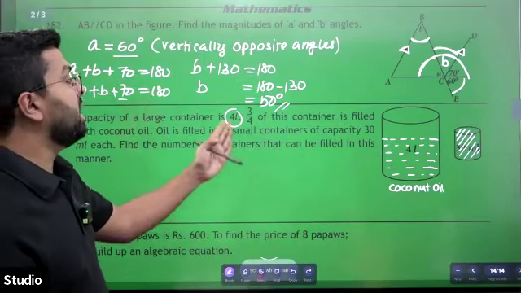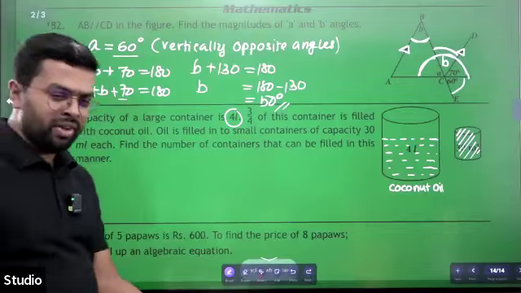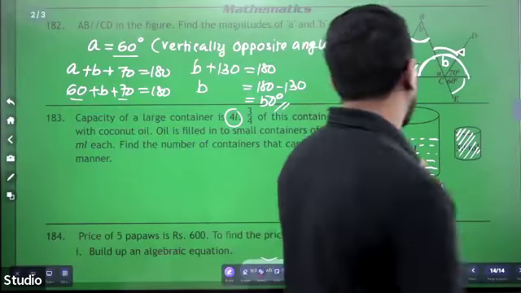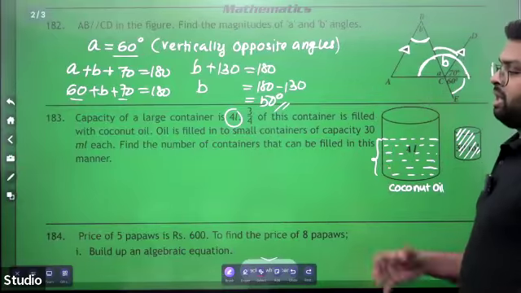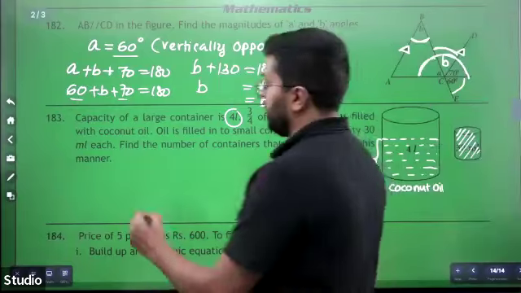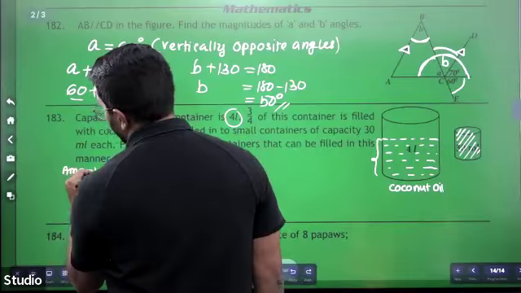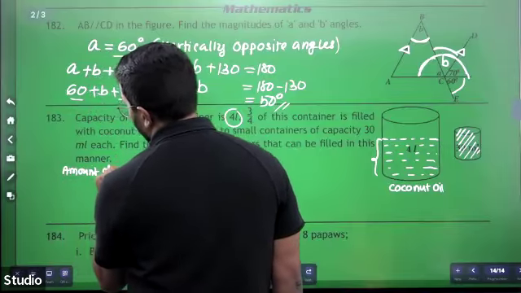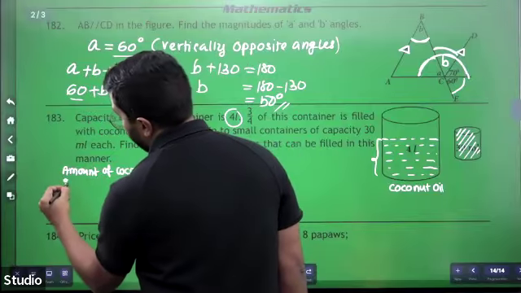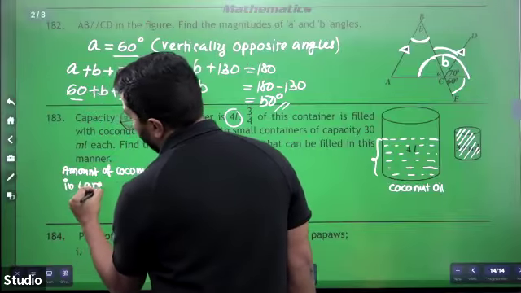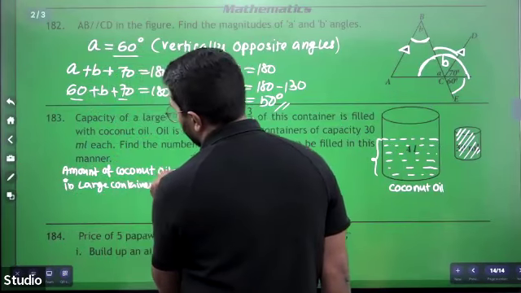Find the number of containers that can be filled in this manner. So I think what we have to figure out here is the amount of coconut oil in the large container. Shall we find that out?